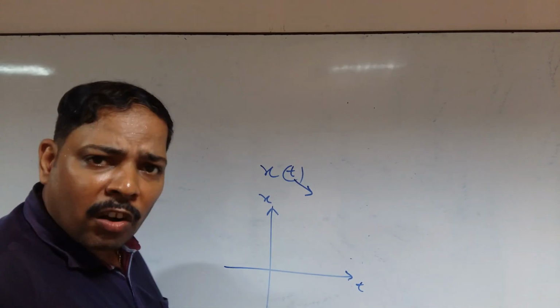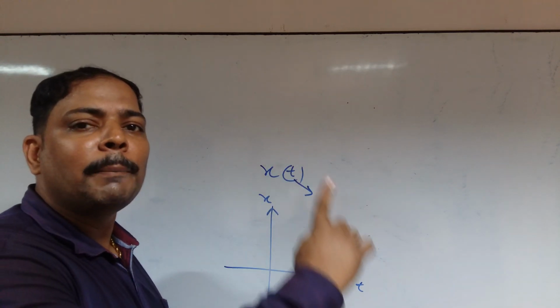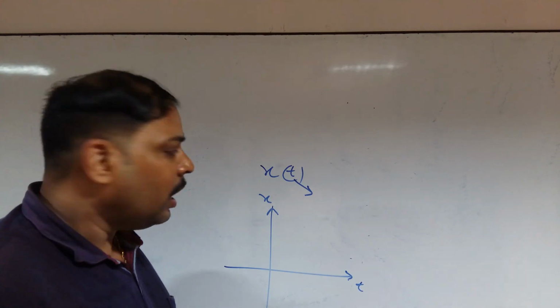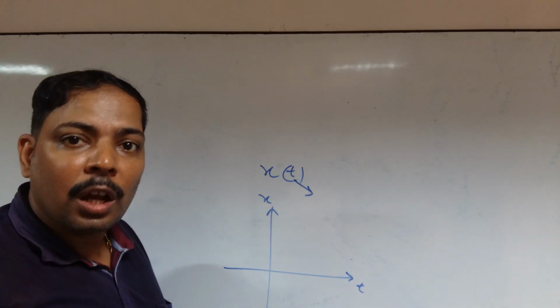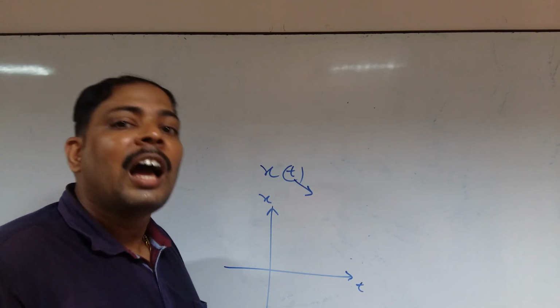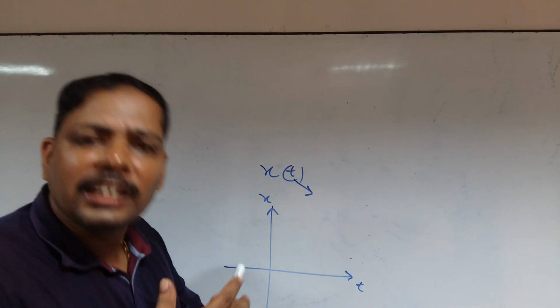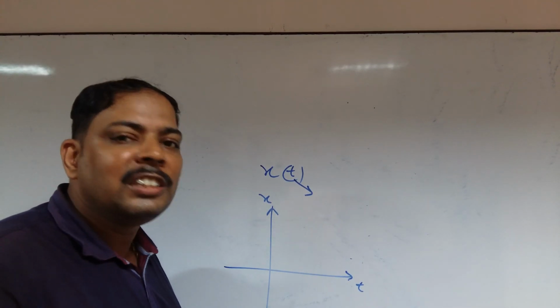Also I have explained what is an analog signal and what is a digital signal. Whenever you are discussing analog or digital signals, you have to mark only the amplitude axis, not the time axis. If with respect to amplitude the signal is continuous, that is known as an analog signal. If with respect to amplitude the signal is discrete, that is known as a digital signal.